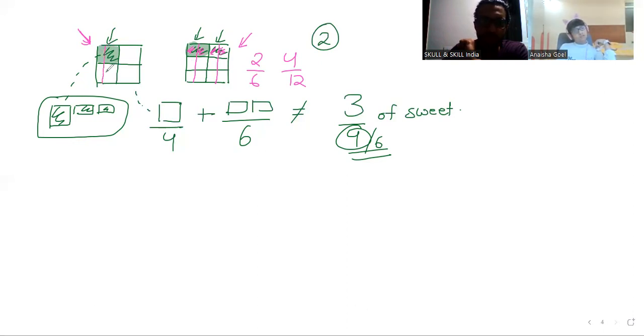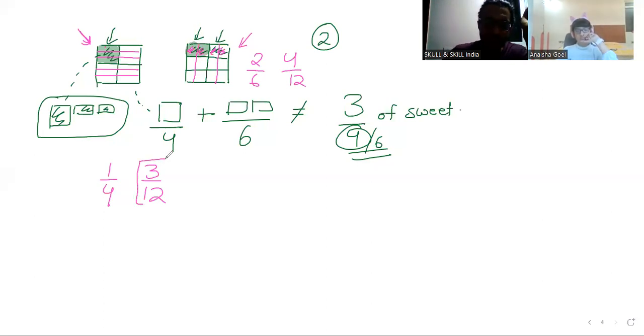Maybe if you do this, or maybe if you do this. These are 12 parts. 2, 3, 4, 5, 6, and 6 below. 12 parts. What you have now is, that was 1 out of 4, now that has become 3 out of 12. Now adding these two is the same thing.